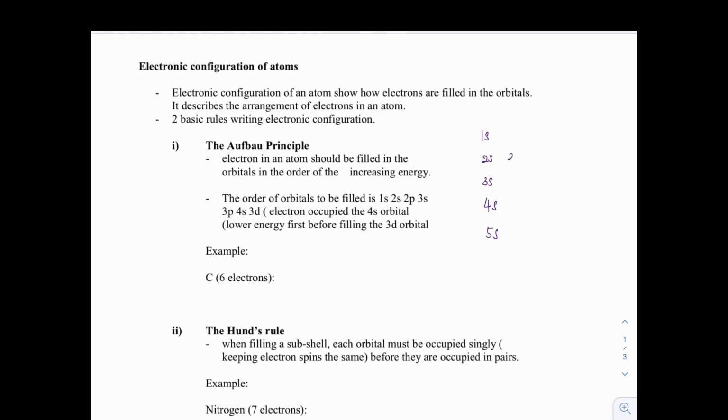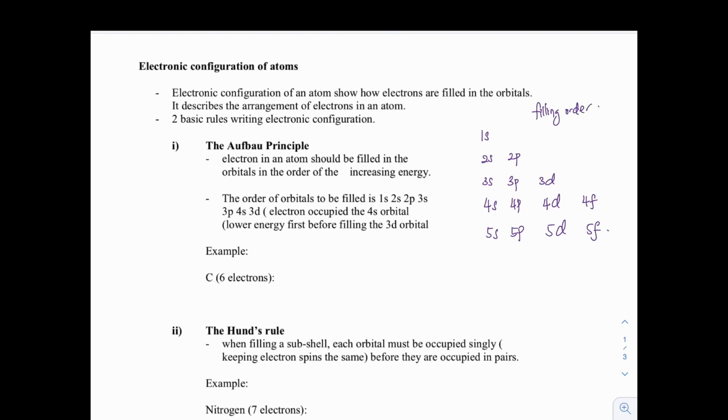So followed by 2p, 3p, 4p, 5p, 3d, 4d, 5d, 4f, 5f. Alright, so this is what we mean by the filling order.